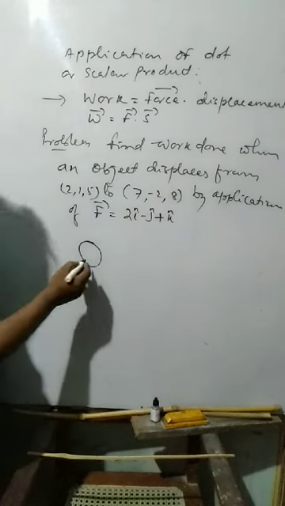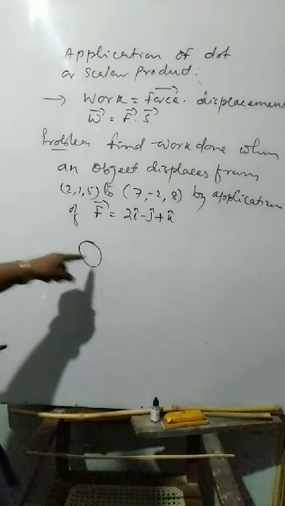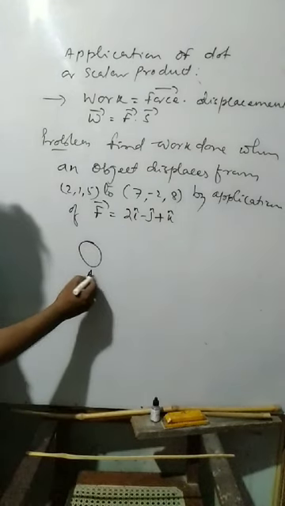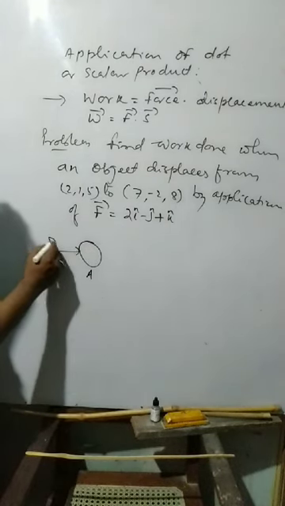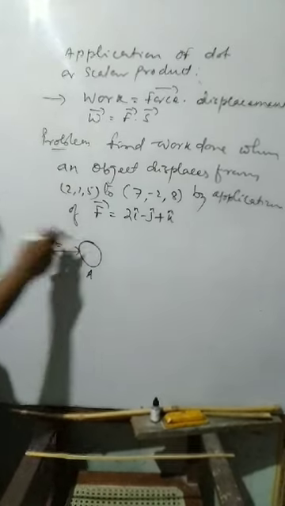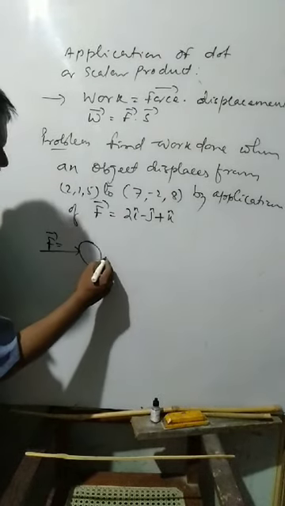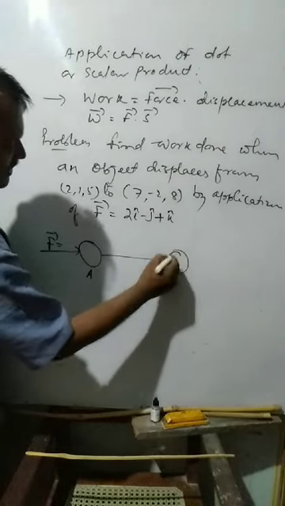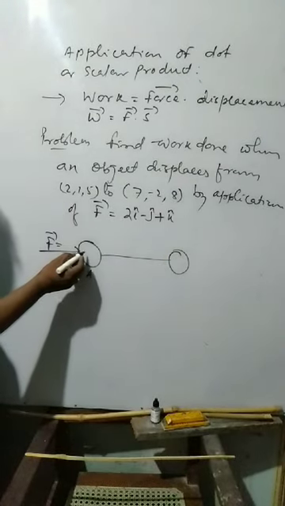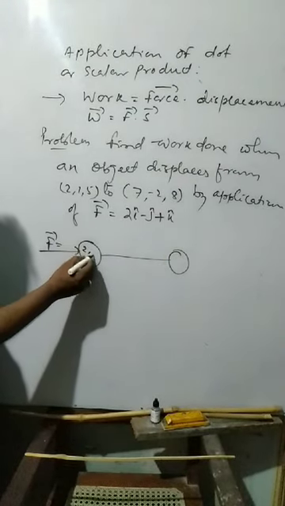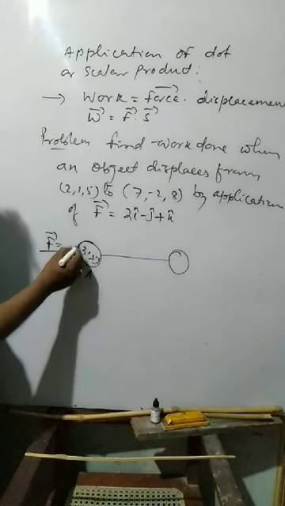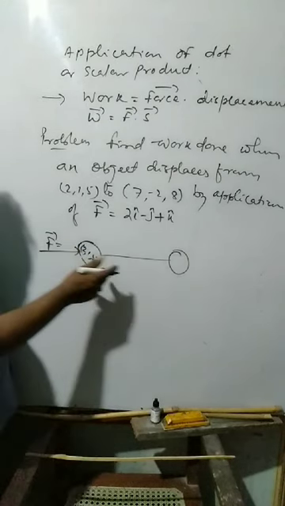Initially the object is there, and a certain amount of force is applied. The object is displaced from one point to another point. The first point was at (2, 1, 5).